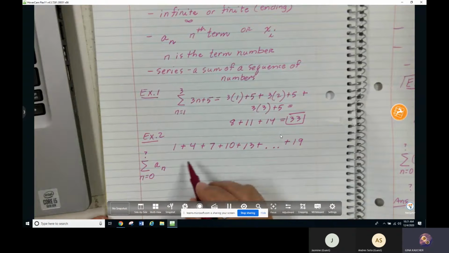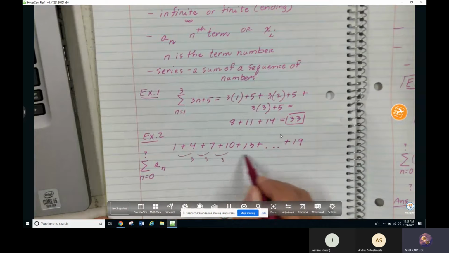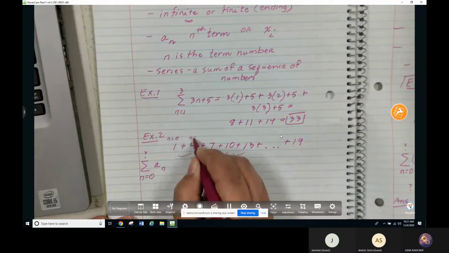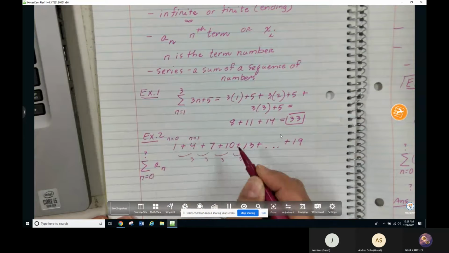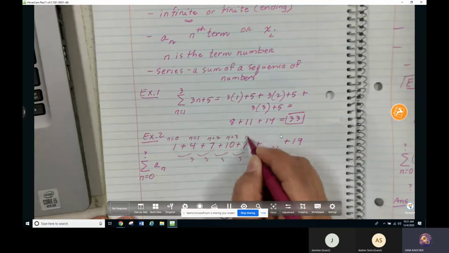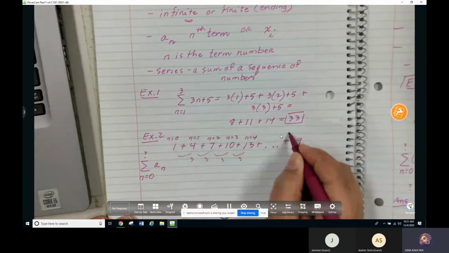Right, so as you can see here, each time you're adding 3. So this is the problem where you have a common difference. And since n equals 0, this will be n equals 0. This would be where n is 1, n is 2, n is 3, n is 4, and here we're not sure.